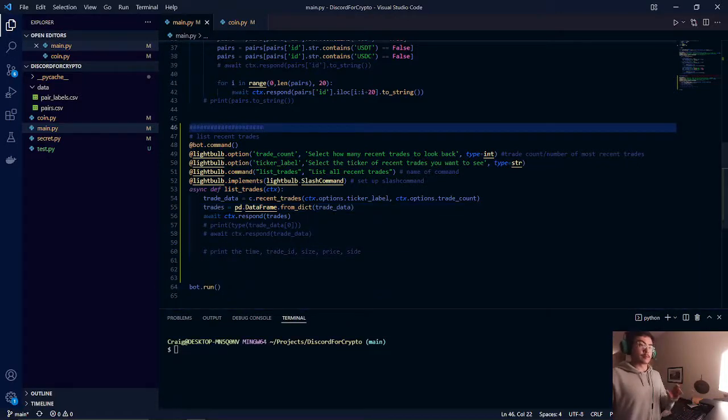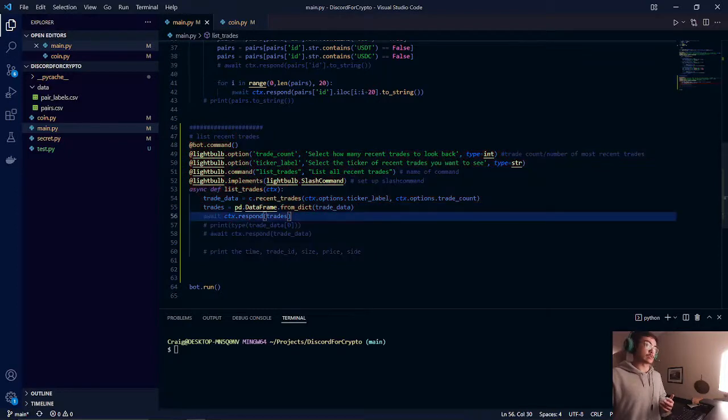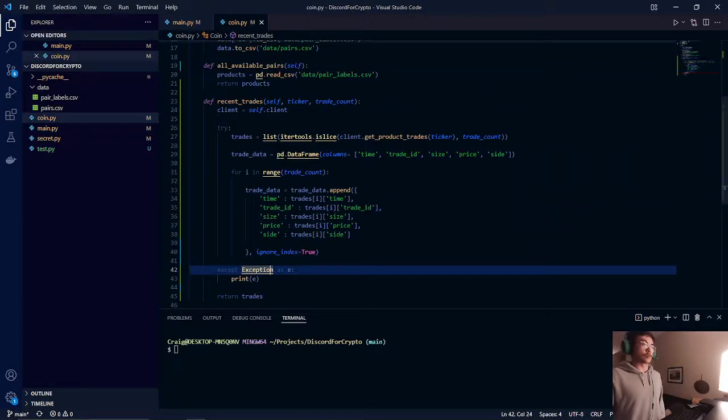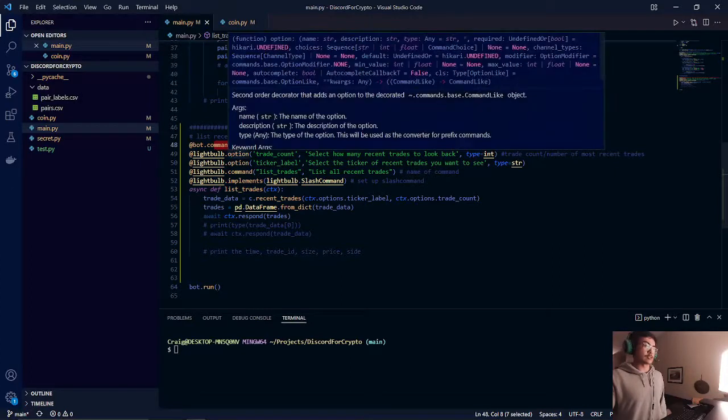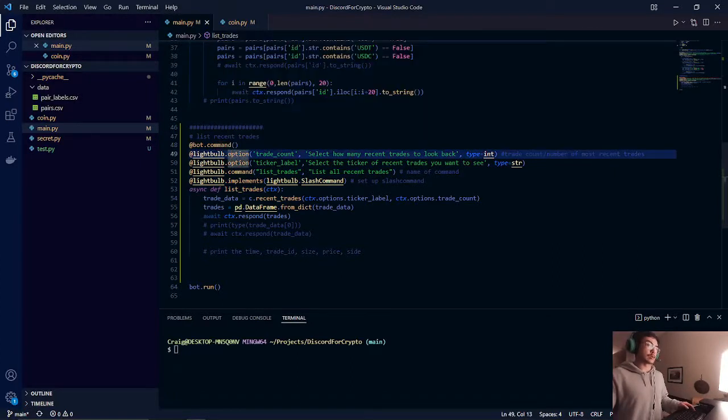So from the previous video, all I did was add a new slash command here that would list the most recent trades, and it would also call a new method in our coin class that would interact with the trades on our Coinbase Pro exchange. So going back here, we have our bot command, and notice how we have two options. We have our trade count and our ticker label.